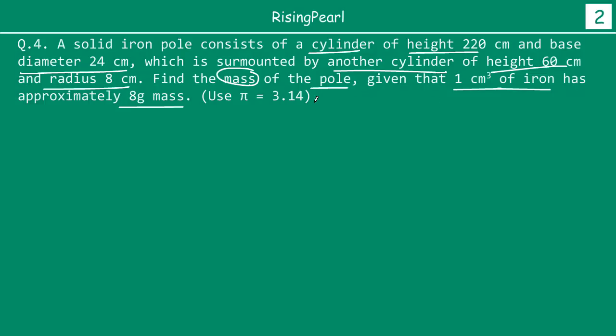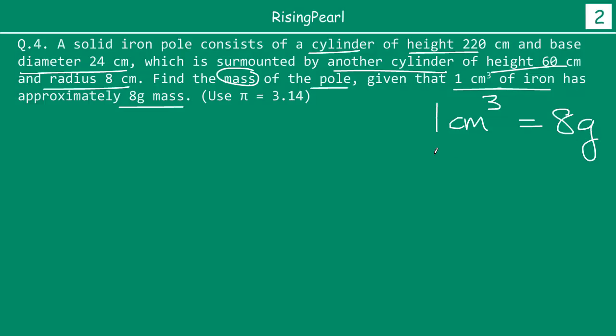So what is given? The first thing is that we have to clearly visualize how our cylinders look, one cylinder on top of the other. And also, what we have been given is that 1 centimeter cube of iron actually weighs 8 grams.